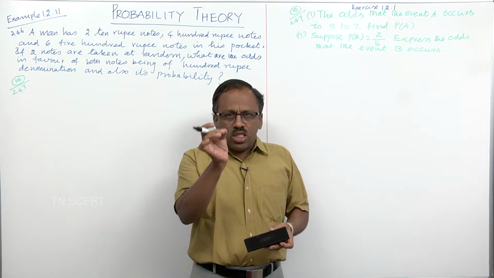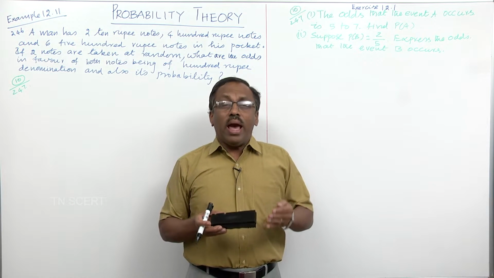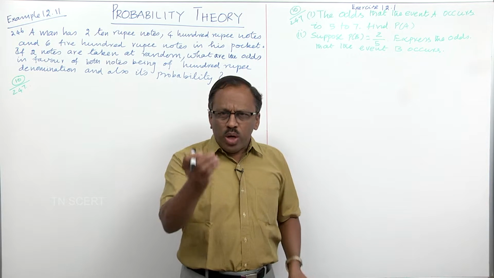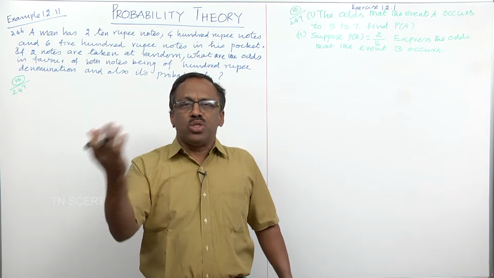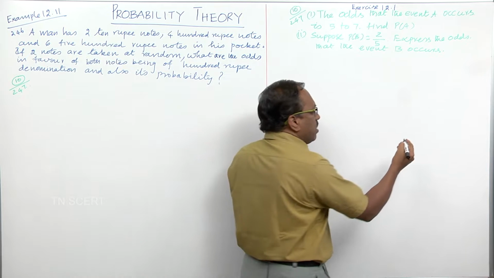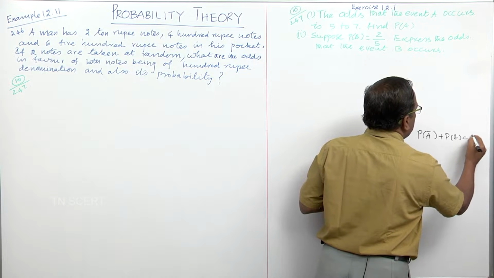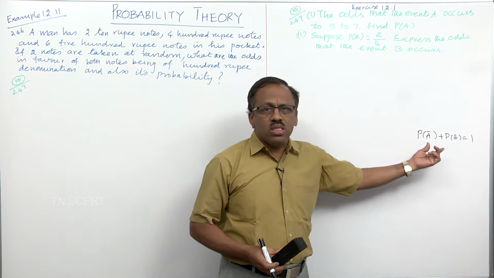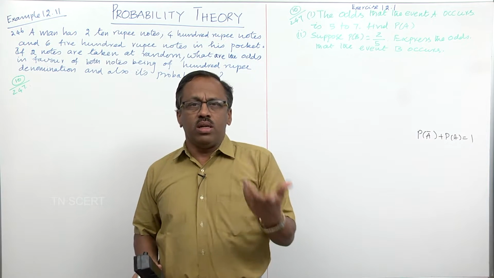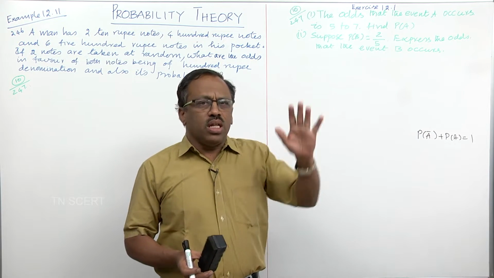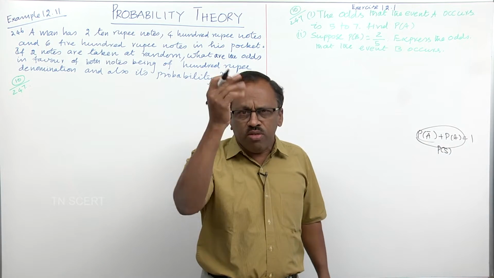That means we take A as one event and another event as the against, which is considered to be B. Earlier the terminology was P of A plus P of A bar, which is equal to 1. This is what odds means: P of A plus P of A bar equals 1. This is nothing but P of S, the probability of the sure event.